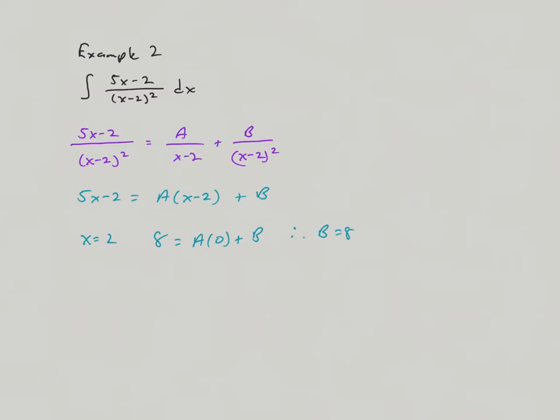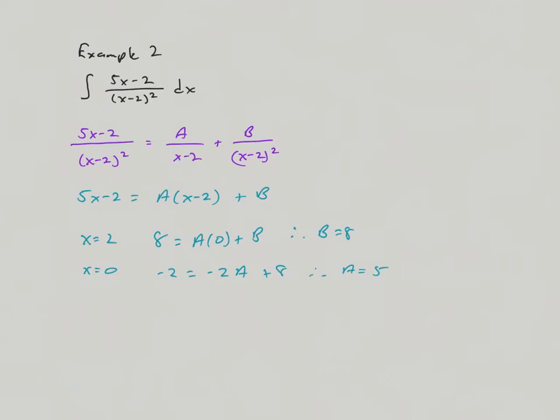So let's say I let x equal 0. And if I do that, I will get negative 2 equals negative 2a plus b, but we know b is 8, so plus 8. And now it's a matter of just solving it for a. Then, when I subtract 8 and divide by negative 2, I get a is equal to 5.